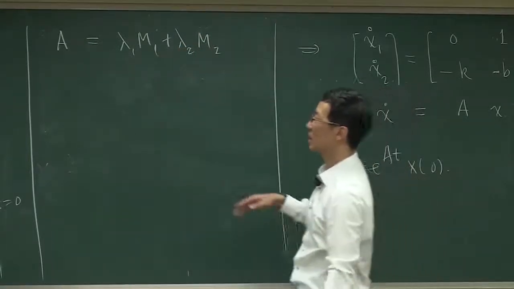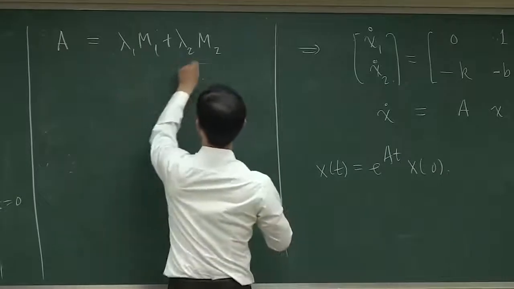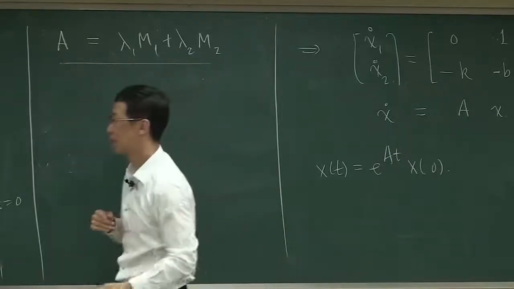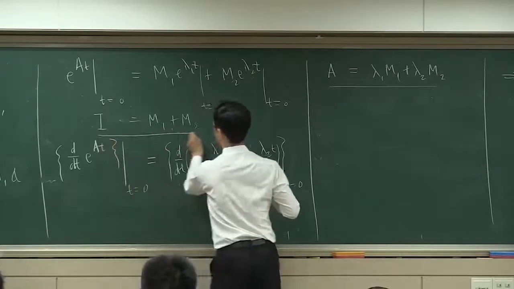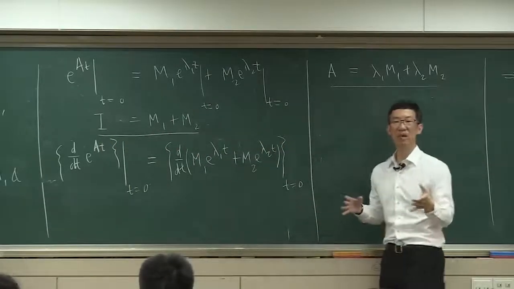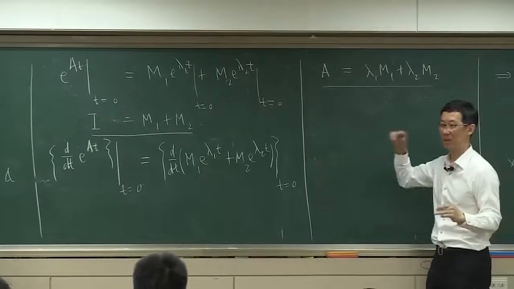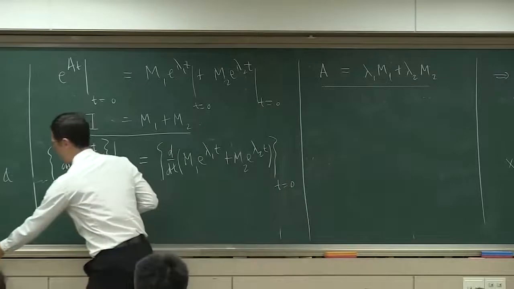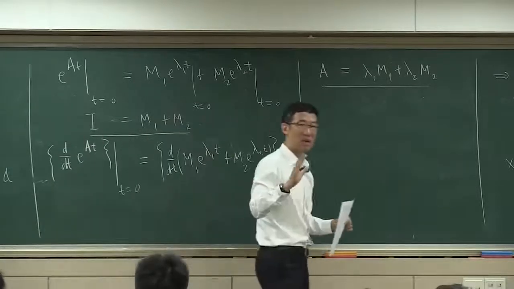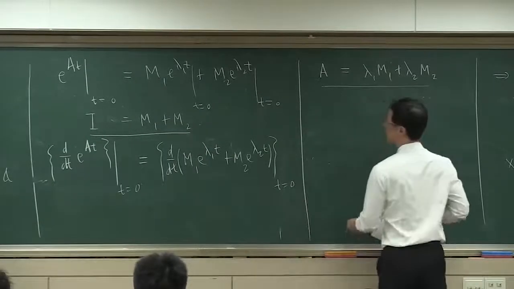Using that and this, we can find M1 and M2. Simple linear equations. So that's the case when lambda 1, lambda 2 are real and distinct.